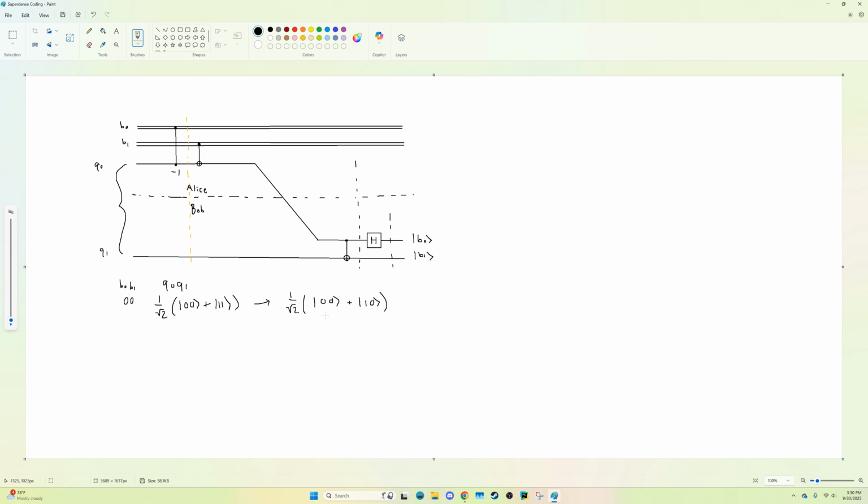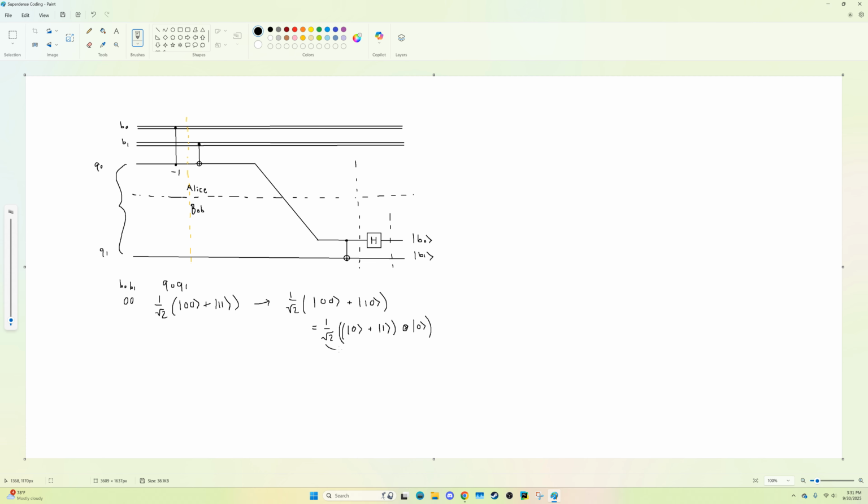And then after applying Hadamard, we have, before applying Hadamard, we can actually break this down. So this is equal to 1 over square root of 2 times, and we can pull out the second qubit as a 0 because it's deterministic. So we have a 0 plus a 1, and this tensor product with ket 0.